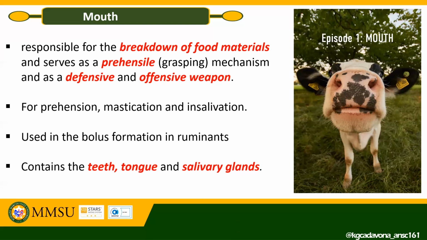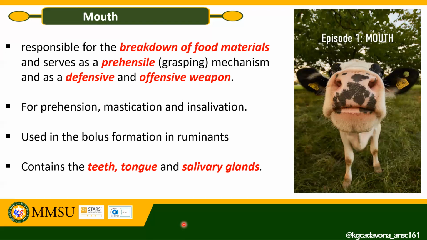As the ingested food is chewed, mastication breaks down the tough connective tissues and fibers from the forages ingested by these animals. It also helps saturate these materials with lubricants such as saliva and the enzymes, which I will discuss as my discussion progresses. That is what the teeth of the animal do.